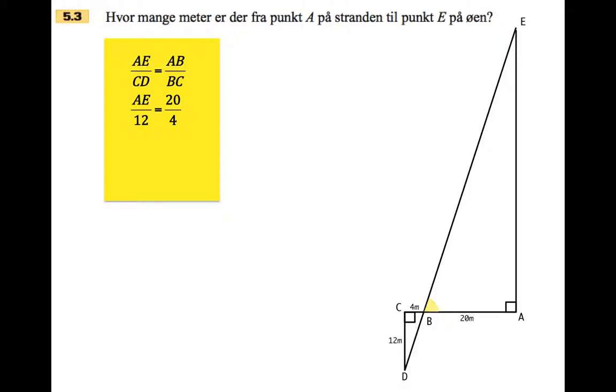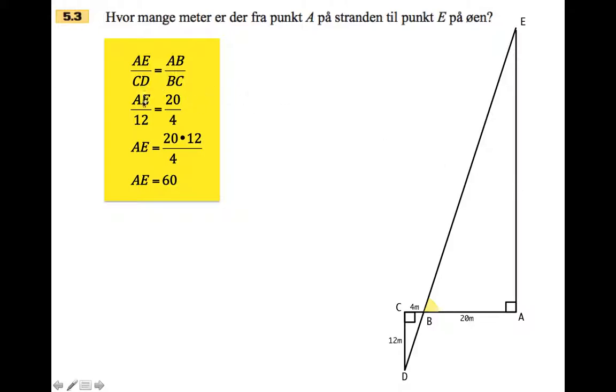So putting in all the numbers, AE divided by 12 equals 20 divided by 4. Multiply both sides by 12 to get AE equals 20 times 12 divided by 4, and that's 60. So the missing side, AE, is 60.